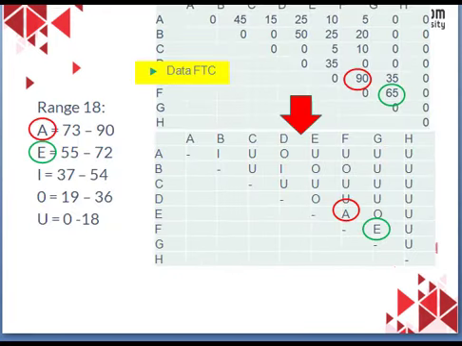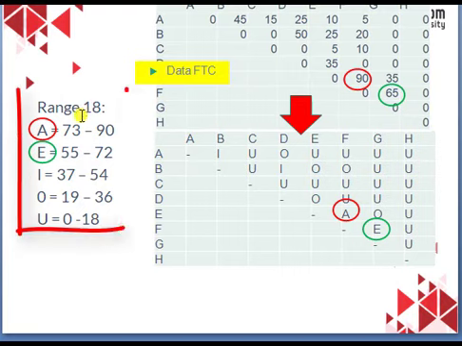Now let's generate the range of closeness code based on the closeness code started by 90 and the interval between the numbers is 18. For example, I code started by 73 to 90. E code is started by 55 to 72 and continue to determine the range level.